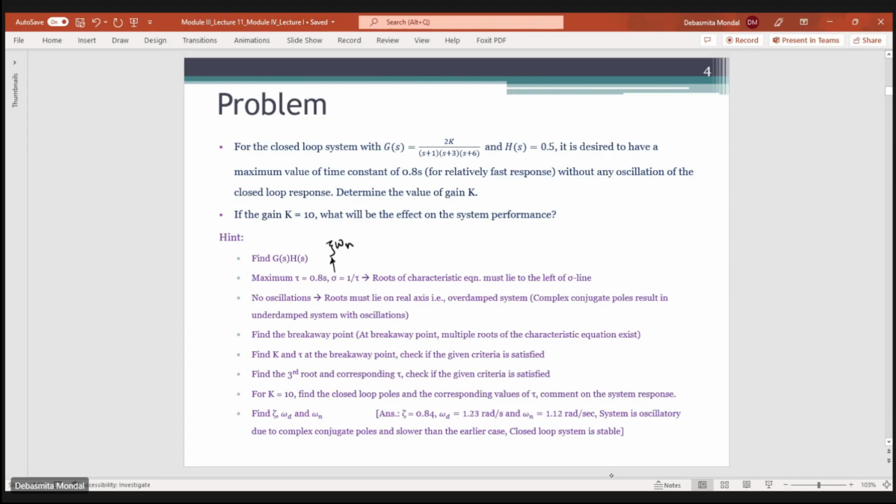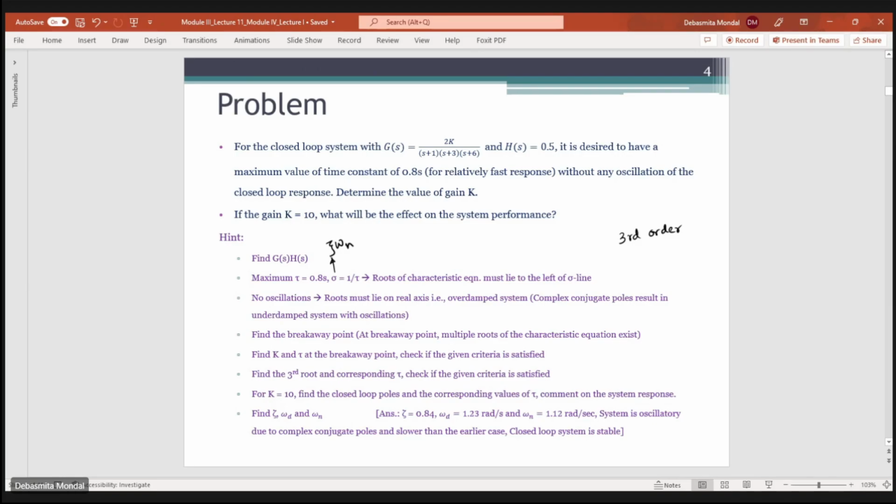Now, since this is a third order system, you will have 3 closed loop poles. So the moment you find the breakaway point, 2 roots will be present at that breakaway point. You need to find the value of those roots, and you also have to find the third root.